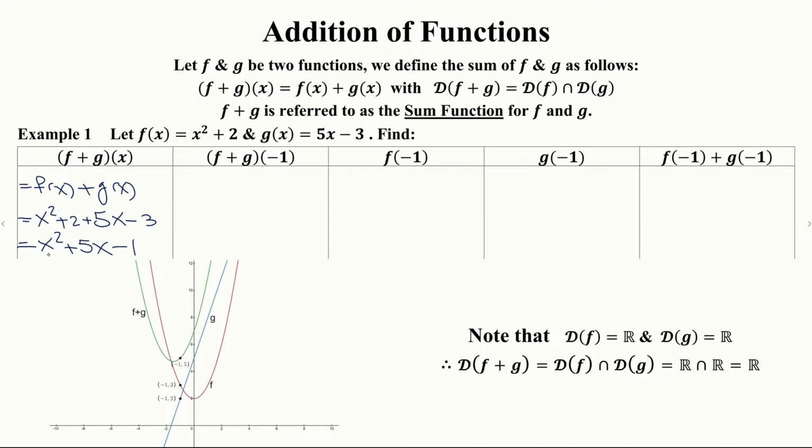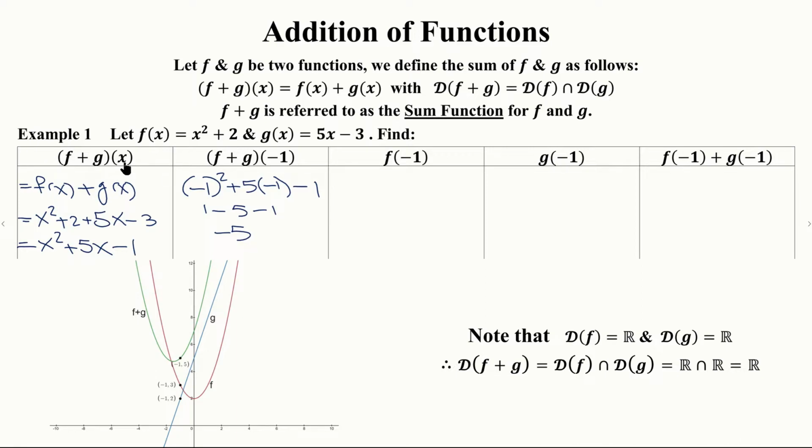So we would end up with quantity -1 squared plus 5 times quantity -1 minus 1. So we end up with 1 minus 5 minus 1, which is -5.